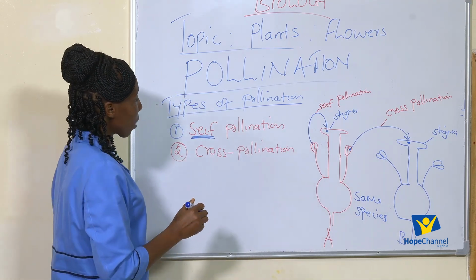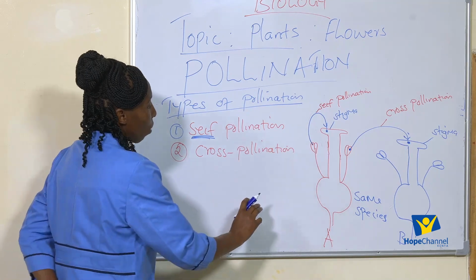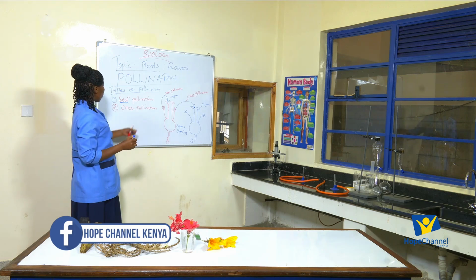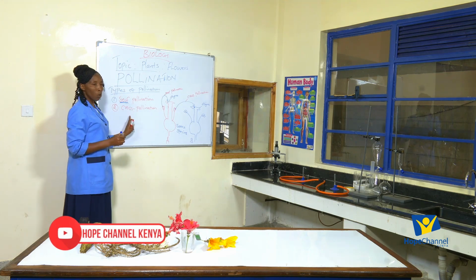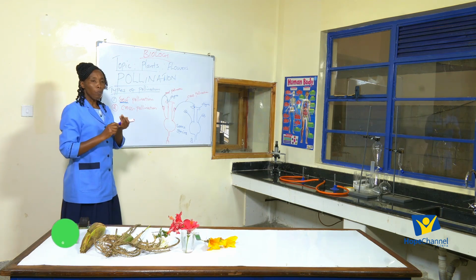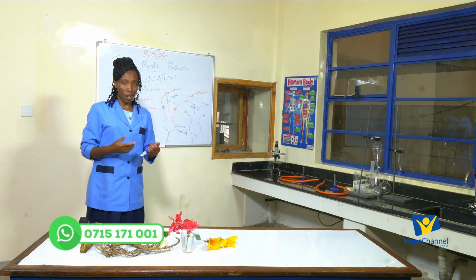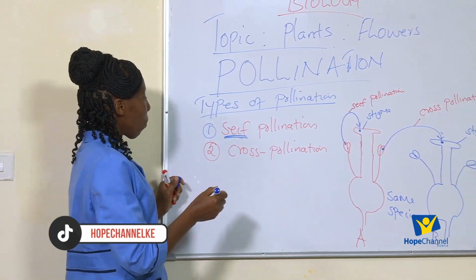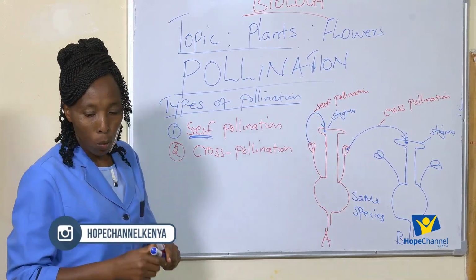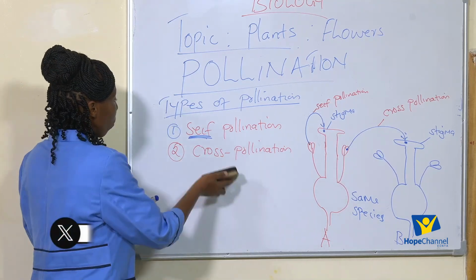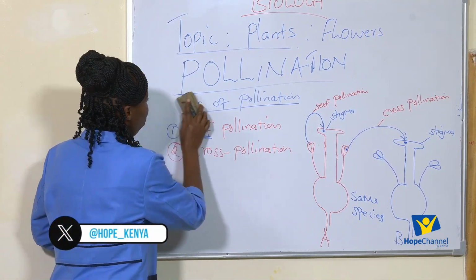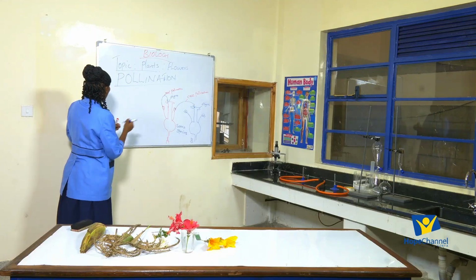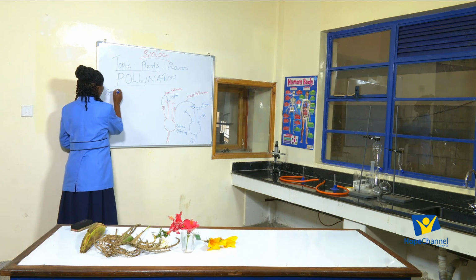Now, in that case, if we were to compare these two types, we can ask ourselves, between self-pollination and cross-pollination, which type of pollination is more advantageous than the other? So we want to see what are the advantages and what are the disadvantages of these two types of pollination. Okay, so we start with self-pollination.